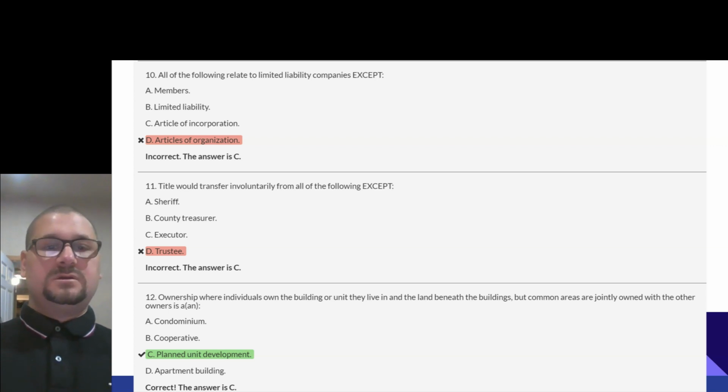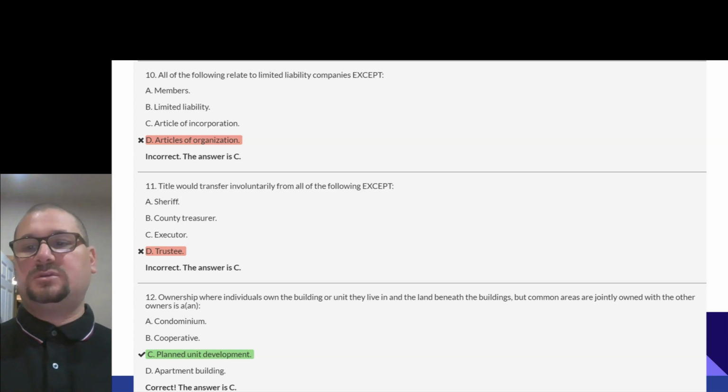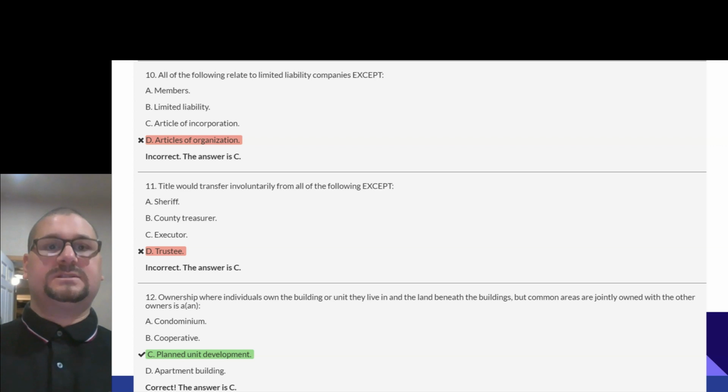So ownership, where individuals own the building or unit they live in and the land beneath the building, but common areas are jointly owned with the other owners, is a what? Is a planned unit development. Planned unit development.